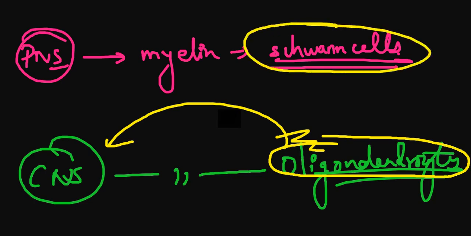But Schwann cells can repair fast. That is why we are talking about the PNS. If you have an injury anywhere in the PNS, leaving out the CNS, the brain and spinal cord, you will recover fast. But brain injury and spinal cord injury are hardly going to recover fast.